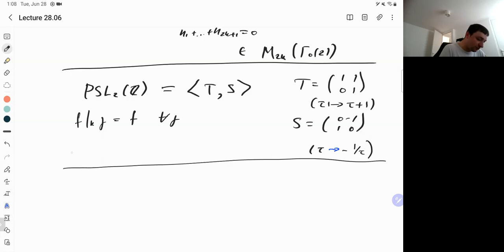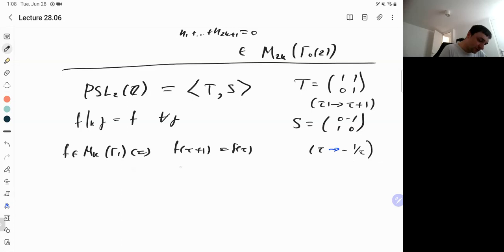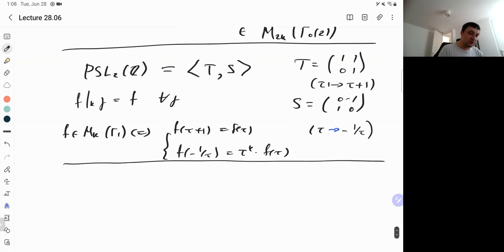So if you want to prove that f is a modular form for gamma 1, it suffices to check that f is periodic, which is usually by definition, and the other property: you want f at minus 1 over tau to be tau to the k times f of tau.